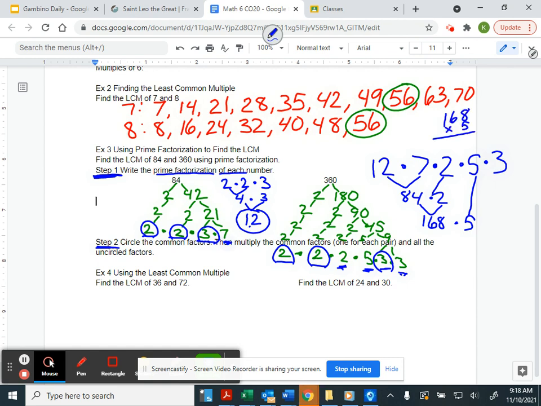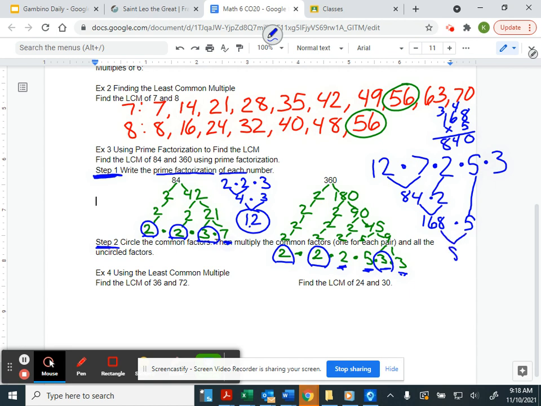168 times 5. We're getting into bigger numbers. 5 times 8 is 40. 5 times 6 is 30, plus 4 is 34. 5 times 1 is 5, plus 3 is 8.